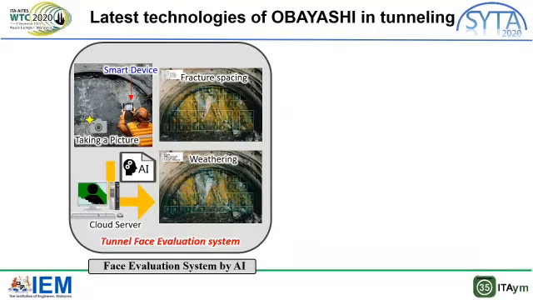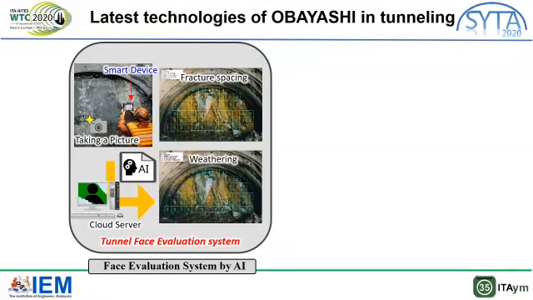First is the tunnel face evaluation system by AI. This technology makes use of deep learning from the acquired tunnel face image and makes it possible to use AI to perform evaluation equivalent to that of geological experts.